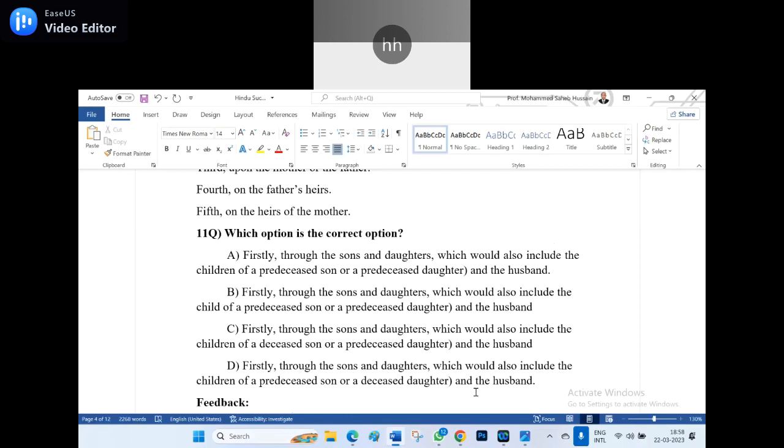C. Firstly, through the sons and daughters, which also include the children of the deceased son or predeceased daughter and the husband. D. Firstly, through the sons and daughters, which would also include the children of the predeceased son or a deceased daughter and the husband. Which one is the correct option among A, B, C, D?